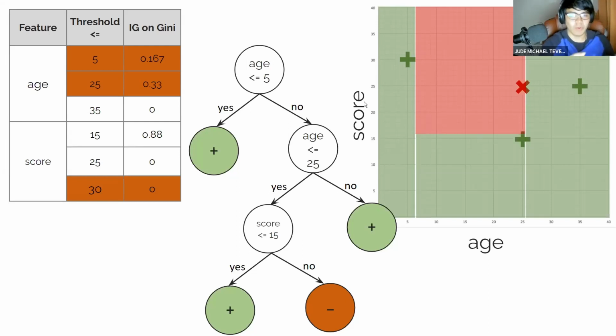So that's how you choose the queries for your decision tree. You check the data set, compute the information gain that you'd get for all possible questions that you could make, and then choose the best one.